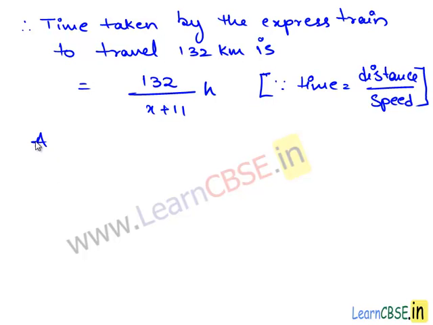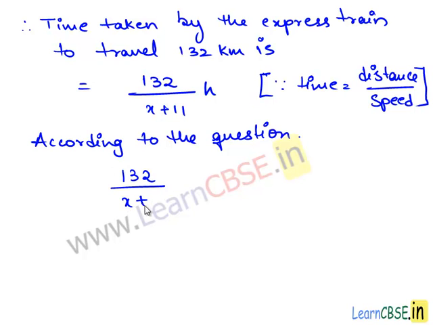And now according to the question, the time taken by the express train to travel 132 kilometers is 1 hour less than the time taken by the passenger train. So let us form an equation. 132 divided by x plus 11 is equal to 132 divided by x minus 1. The time taken by the express train is equal to 1 hour less than the time taken by the passenger train. So now let us simplify this equation.